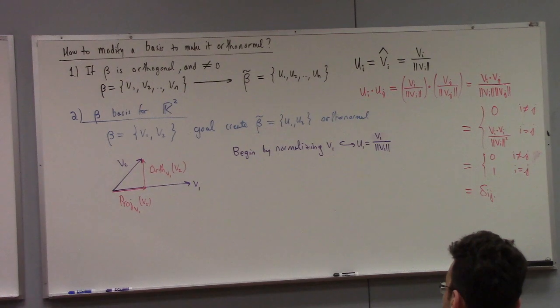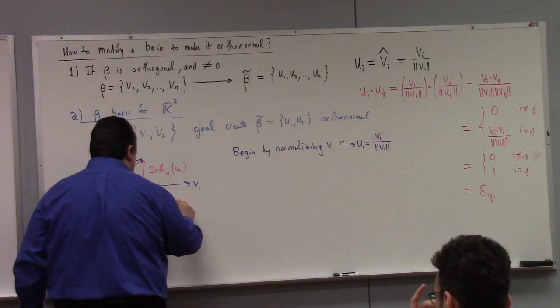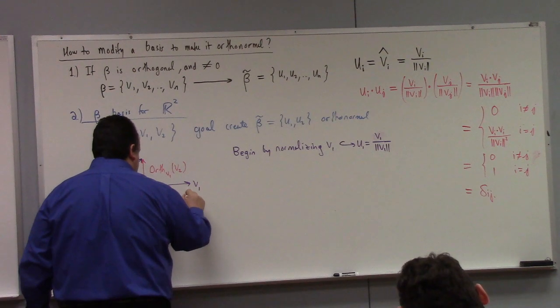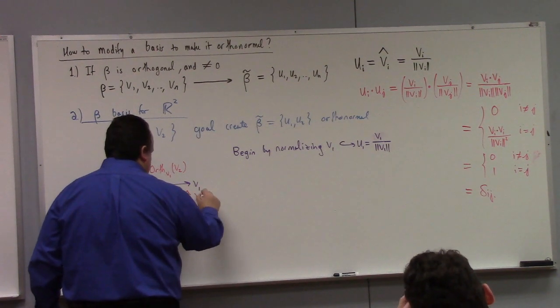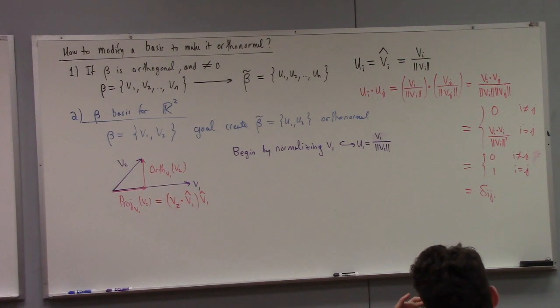The formula for the projection of v2 onto v1 is v2 dot v1 hat times v1 hat. So what that does is it picks off the component of v2 that's in the v1 direction, and then it makes it a vector in that direction.